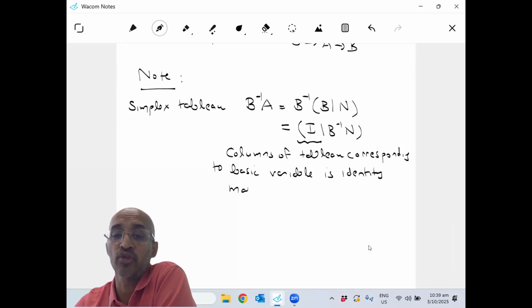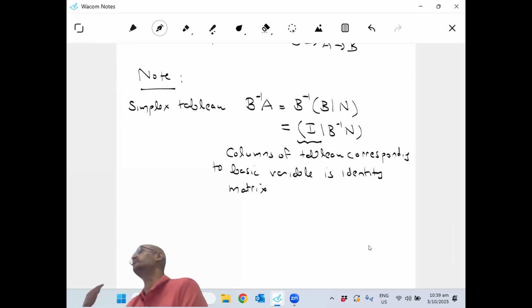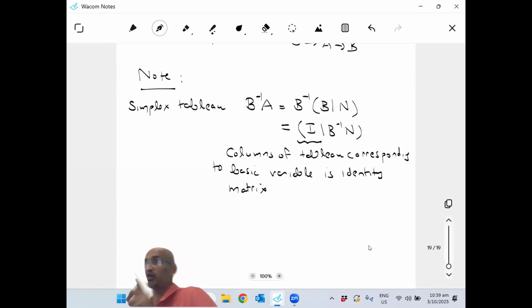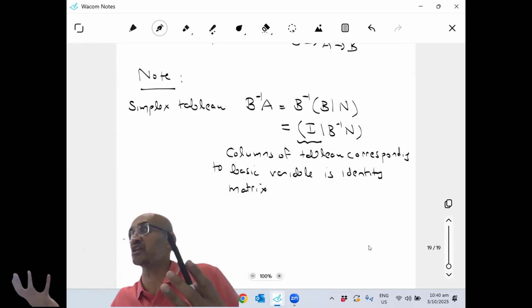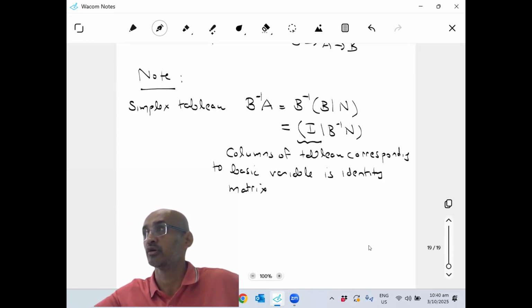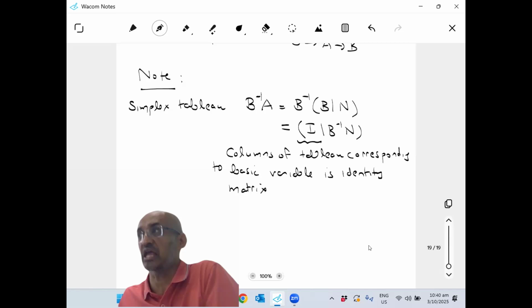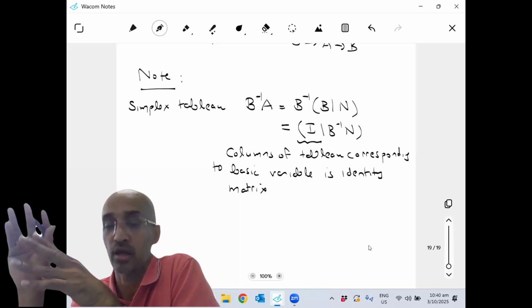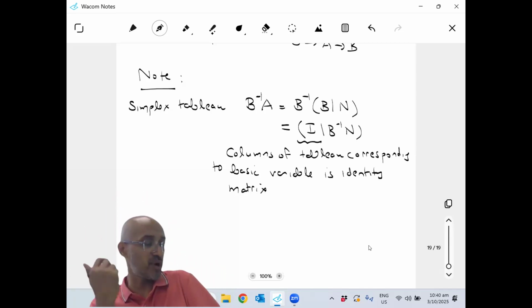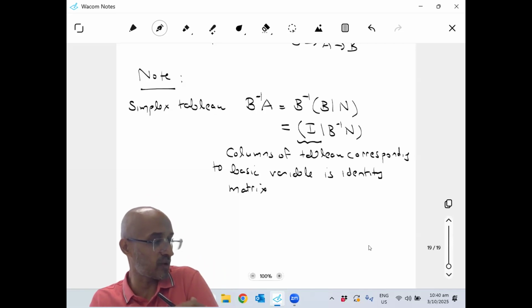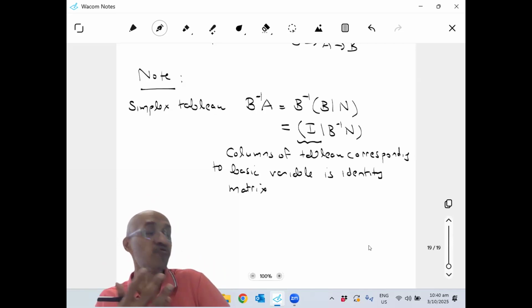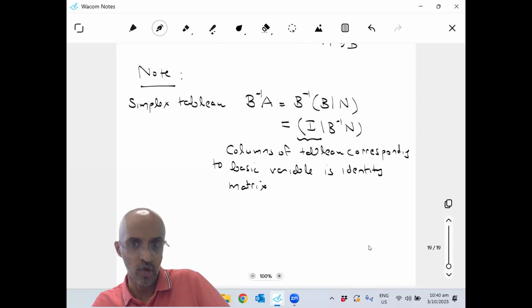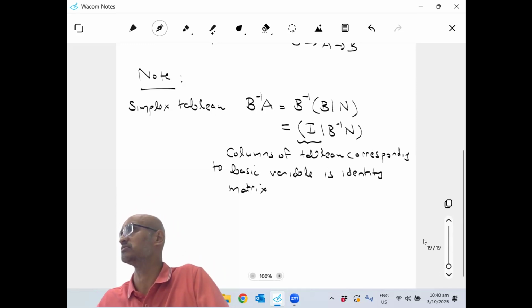And one very important thing is the tableau is keeping track of B inverse A. It's not keeping track of B, the basis matrix. You can identify the basis matrix from the basic variables, but it is storing B inverse A. Now it turns out you can also identify the basis matrix inverse, actually. Is that clear?